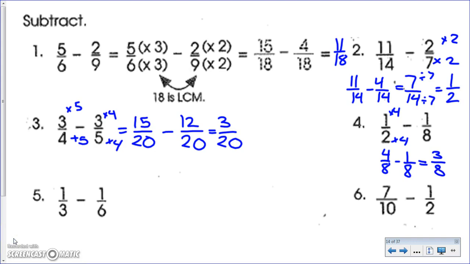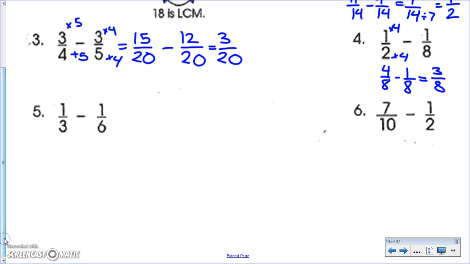For number 5, we have 1/3 minus 1/6, so we know 6 is going to be our common denominator, or our least common multiple. So we're going to multiply 1/3 by 2 for the numerator and the denominator to get it up to 6. So now we get 2/6 minus 1/6, which gets us 1/6.